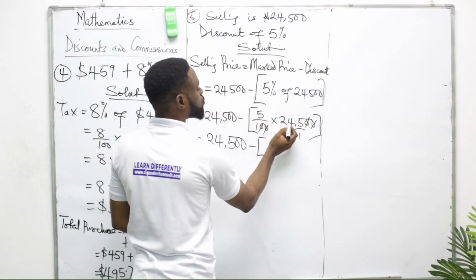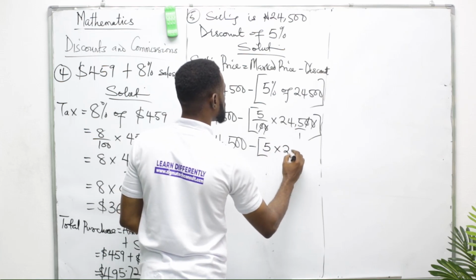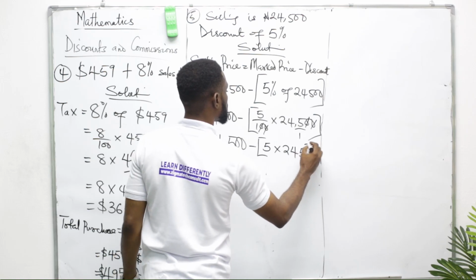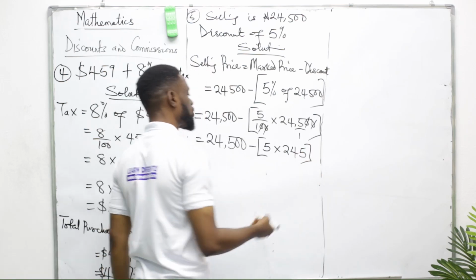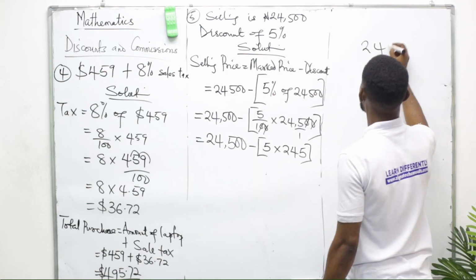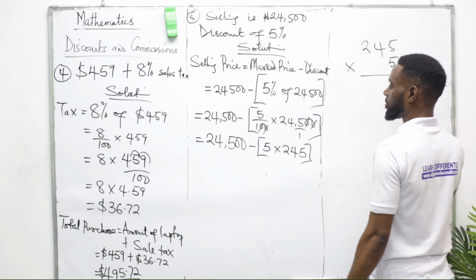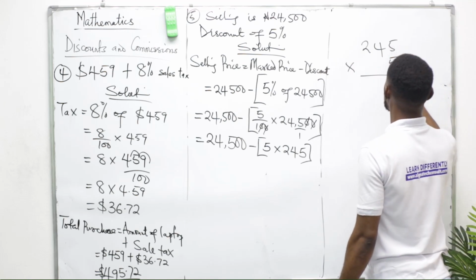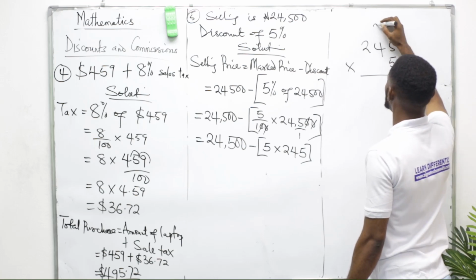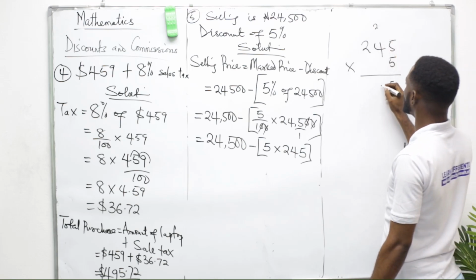So 5 times 245. So we evaluate 5 times 245. 245 multiplied by 5. Is that okay? 5 times 5 is 25. So we put 5 and take 2 this way. 5 times 4 is 20 plus 2 is 22. We put 2.